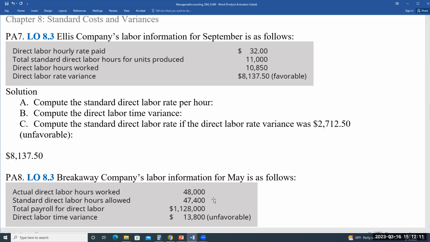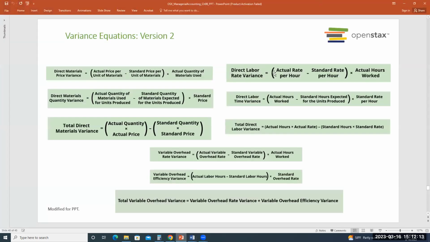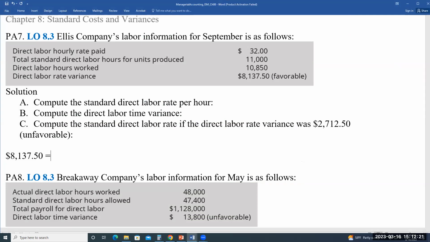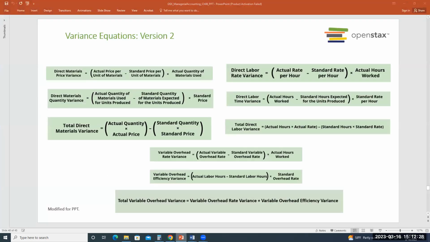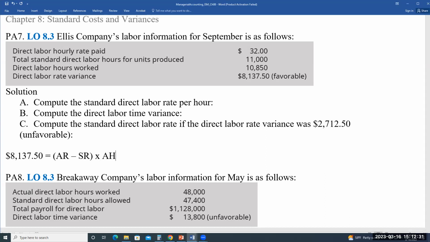That's the direct labor rate variance, equals actual rate per hour minus standard rate per hour times actual hours. Okay, I think this is going to work here. Actual hours again was 10,850. Actual rate is $32.